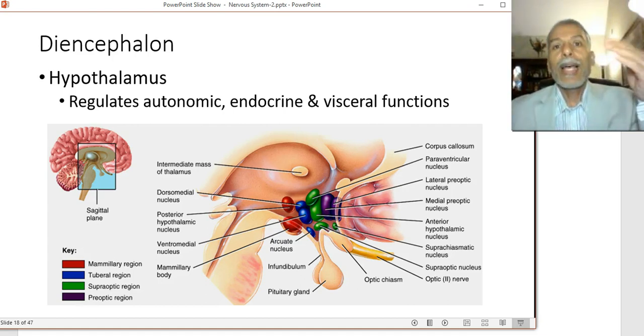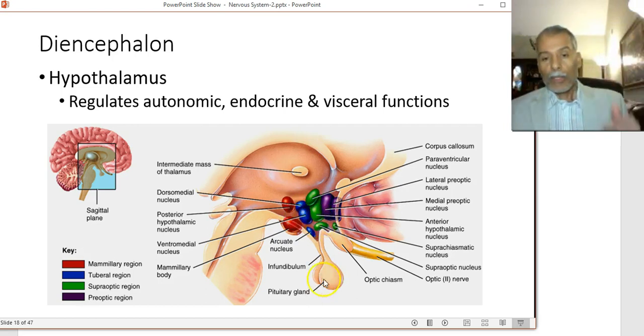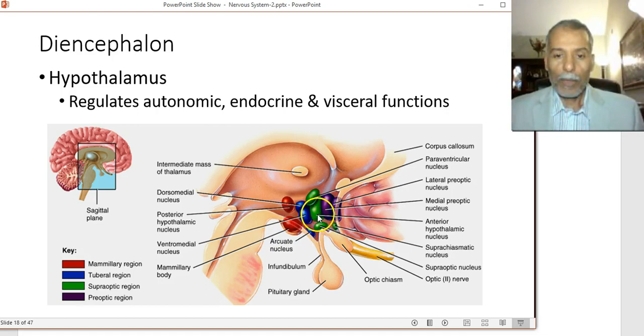If there's more acidity and less water, it causes you to be thirsty. So that is the center. And again, it has sexual functions, contributes to sexual pleasure, all kinds of autonomic functions. Lactation, like milk production.